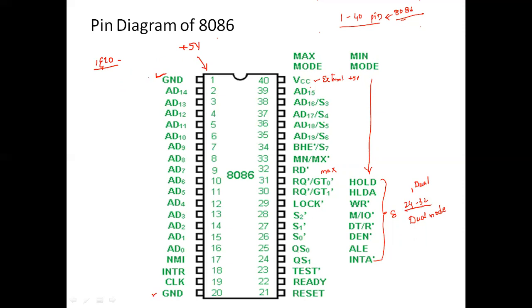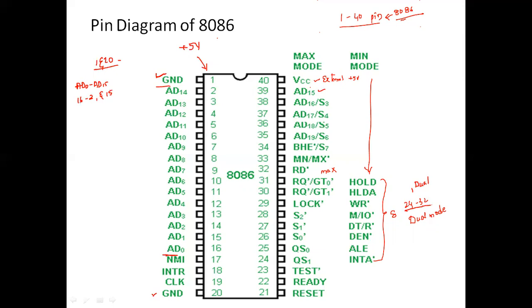Next, AD0 to AD15. These are the pins from pin number 16 to pin number 2 for AD0 to AD14, and pin number 15 for AD15.